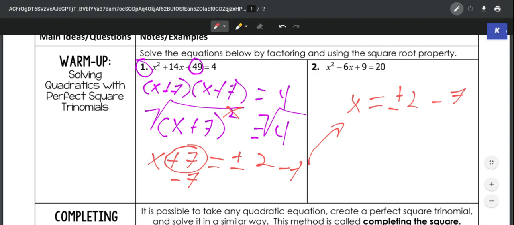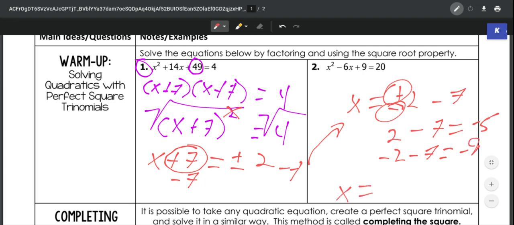So on one hand, we've got a positive 2 minus 7, and then we also have a negative 2 minus 7. So that would give me negative 5 and negative 9, so that's my two roots. So x is equal to negative 9 and negative 5.